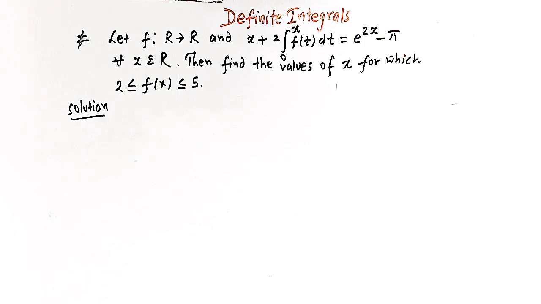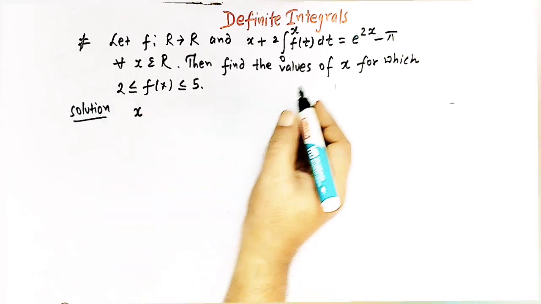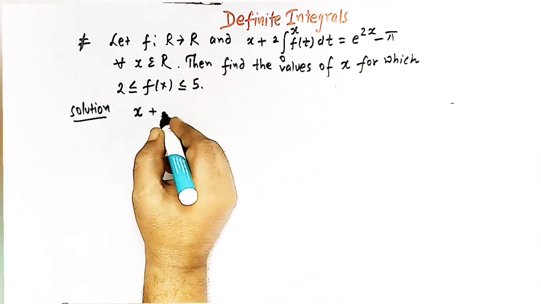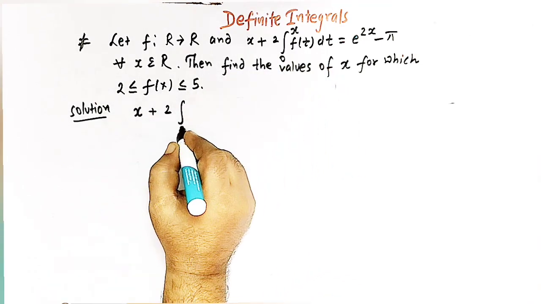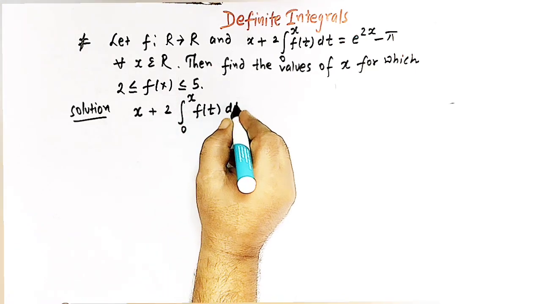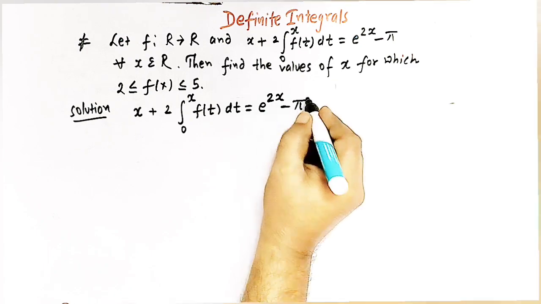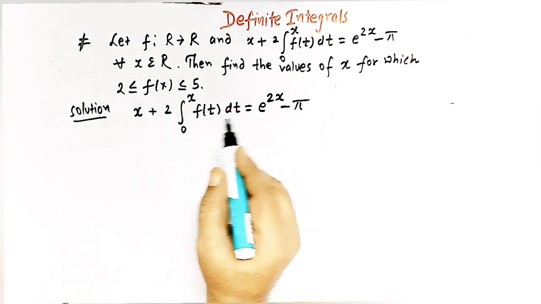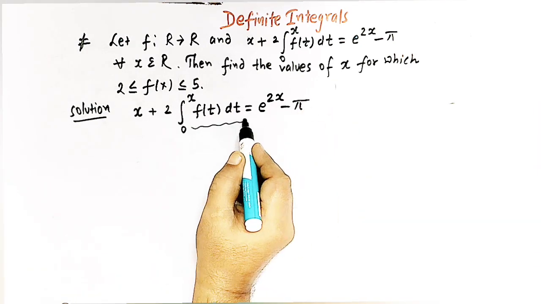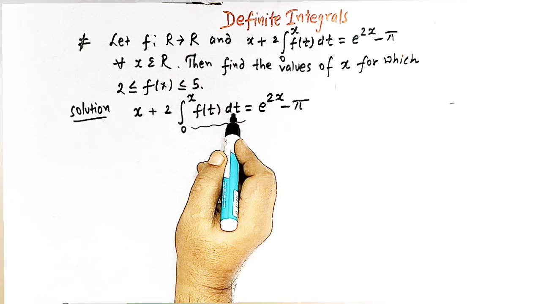So let us start. Here we are given this equation, that is x plus 2 times the integral 0 to x f of t dt is equal to e raised to 2x minus pi, right? Now see, here we have this integral from 0 to x f of t dt.